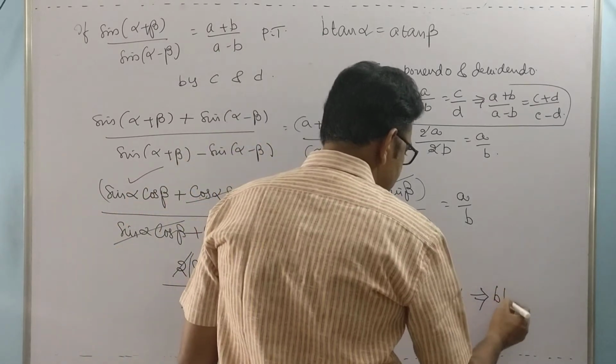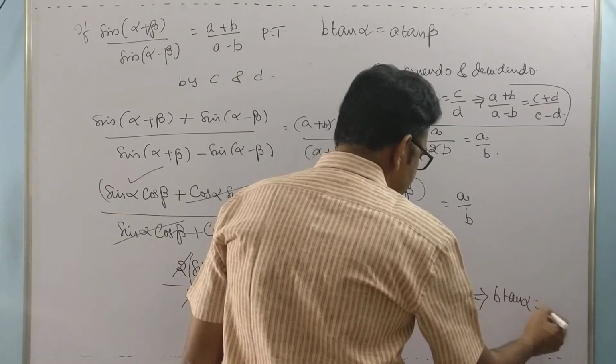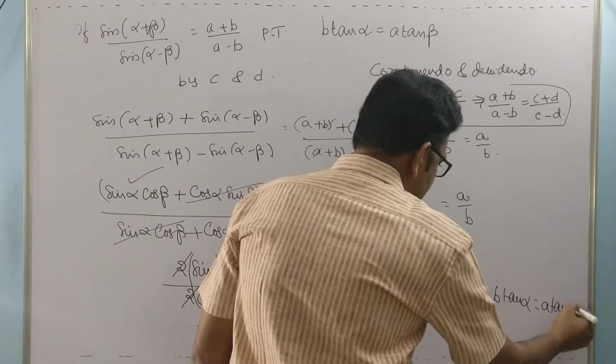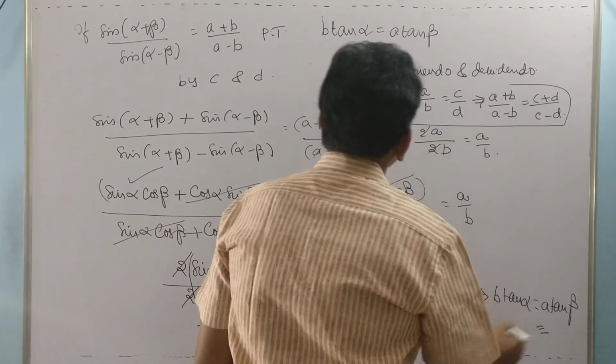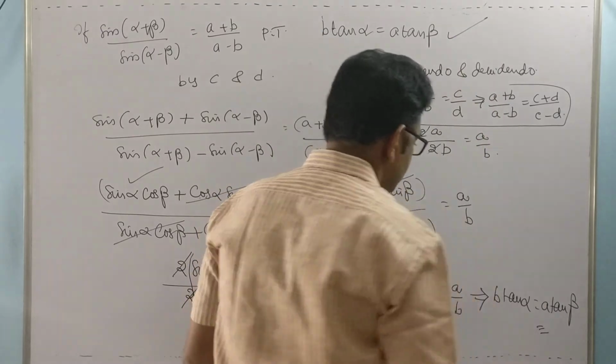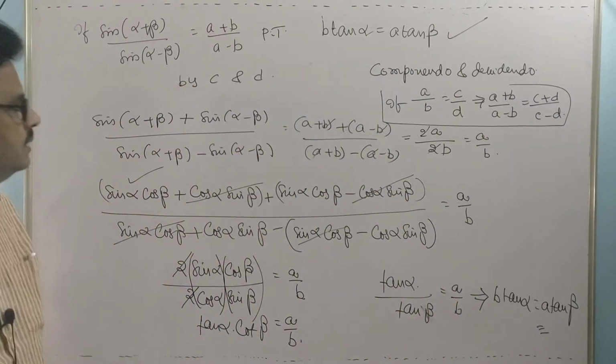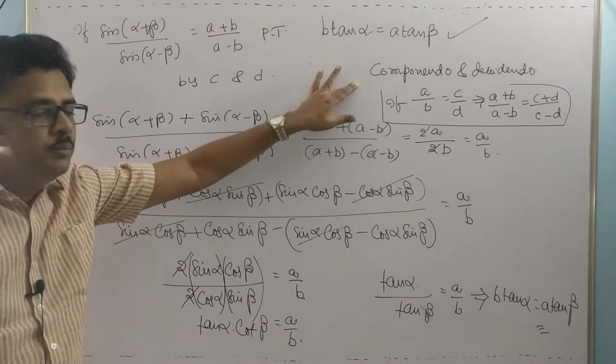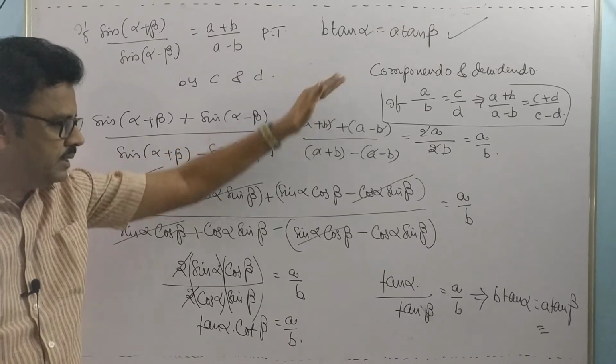Implies cross multiplication B tan alpha equal to A tan beta. So this is our required result. Okay, this is the important componendo and dividendo property. Write down.